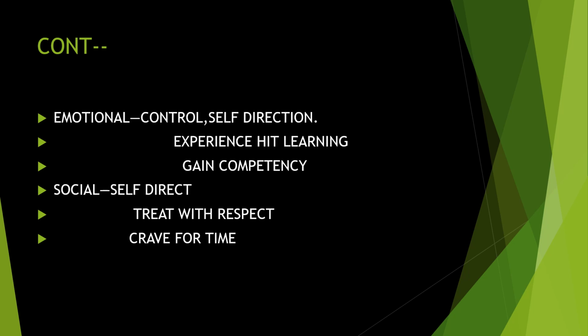And what is the emotional level of adults? They are very controlled persons, not like the adolescents. Adolescents are based in stress and strife, but not adults. They are very controlled. They are self-directed. They know what to do and what not to do. They have a clear-cut idea of what they have to do after PG, whether to do the NET, or the JRF, or after that the PhD, whatever.